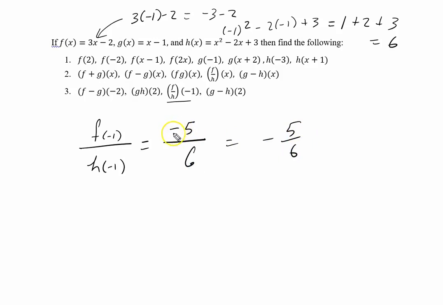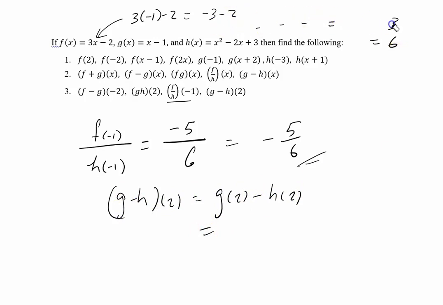Now, if you got a negative in the numerator and denominator, the negative signs would cancel, but that's not what happened here. And then g minus h evaluated at 2 is going to be g evaluated at 2 minus h evaluated at 2. G evaluated at 2 is going to be 2 minus 1, which is 1.